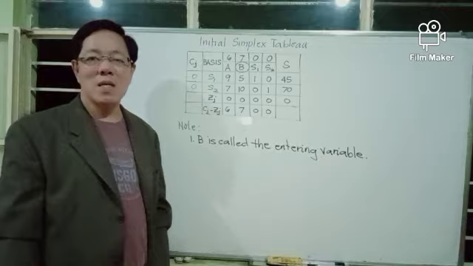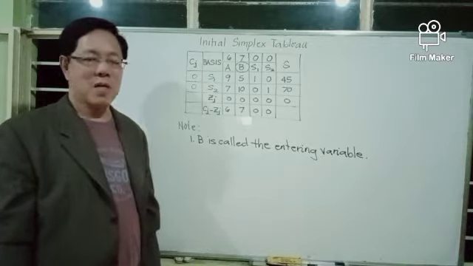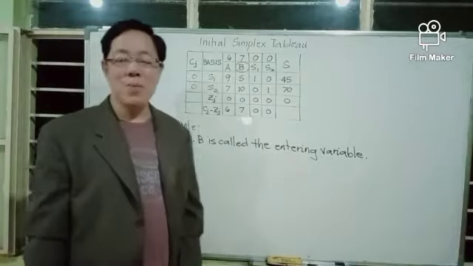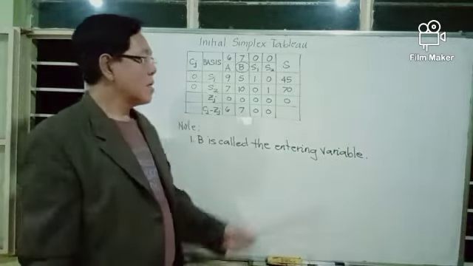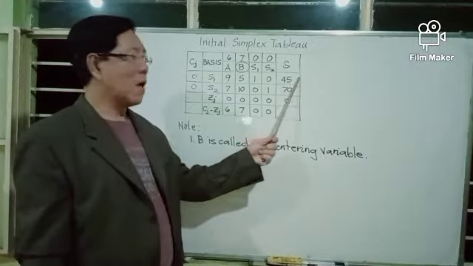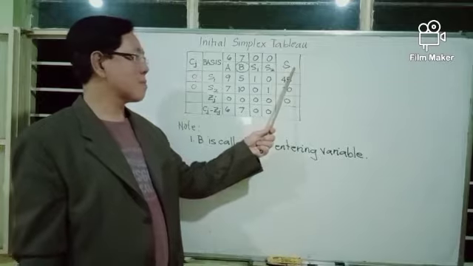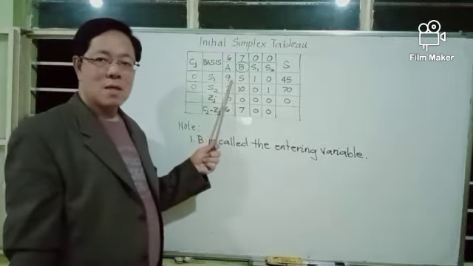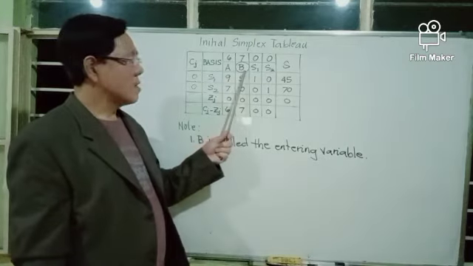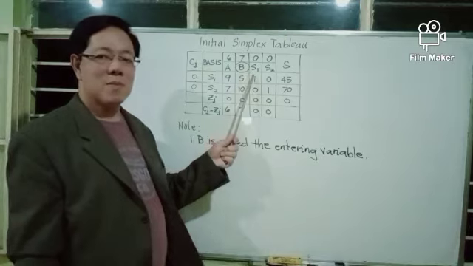And how do we determine the outgoing variable or the leaving variable? To determine it, you divide the entries of the last column, the S column or the solution column, by the corresponding entries of the b column, the column that contains the entering variable.